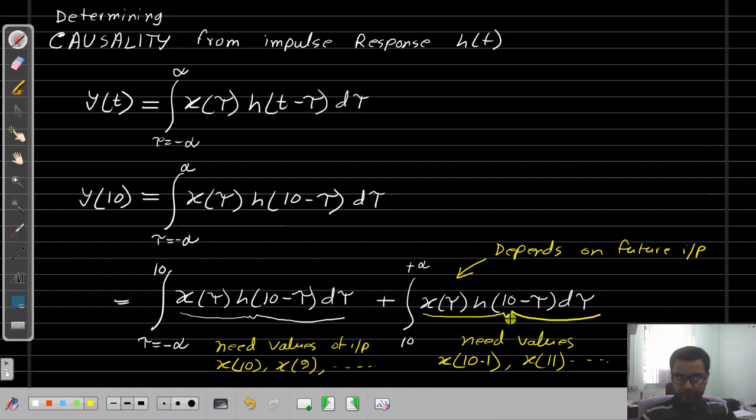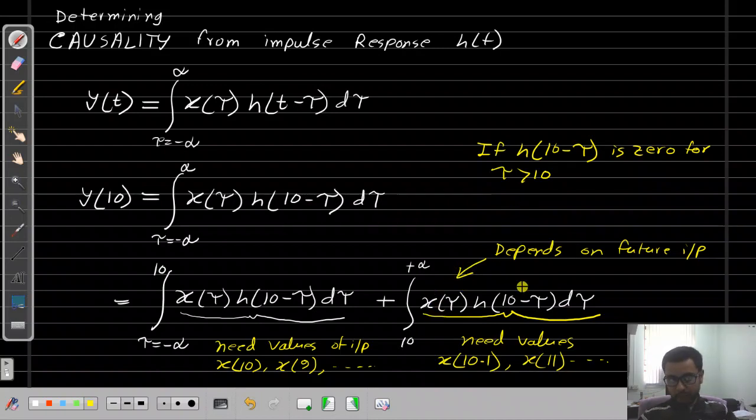However, if h of 10 minus tau is 0 for tau greater than 10, okay, this integration runs for tau greater than 10.